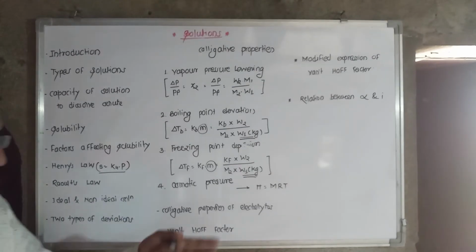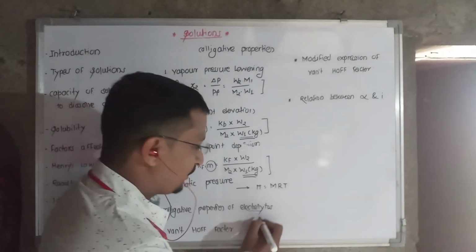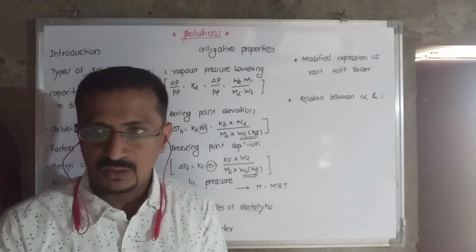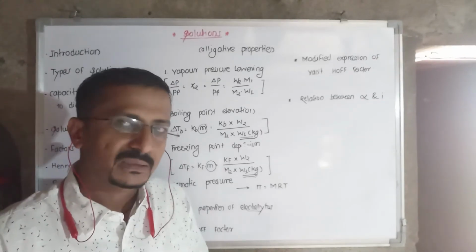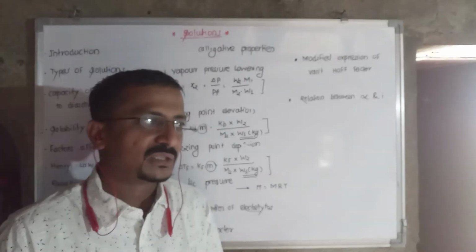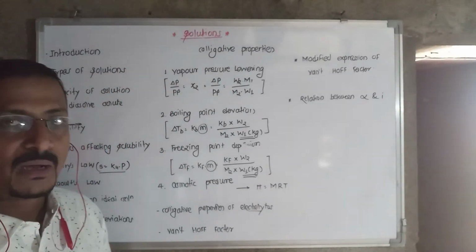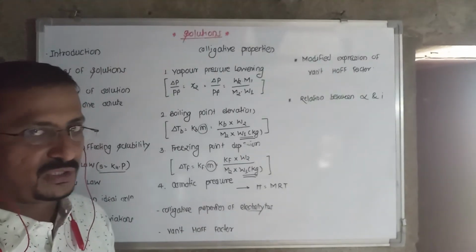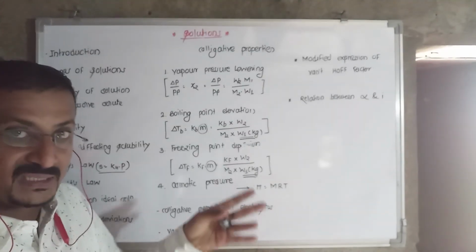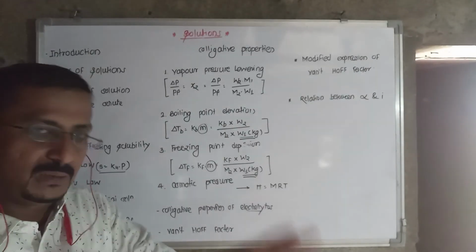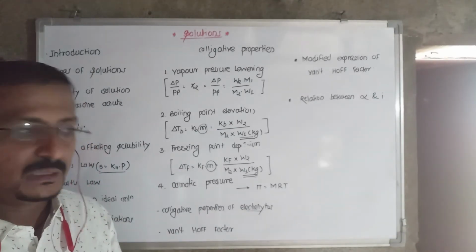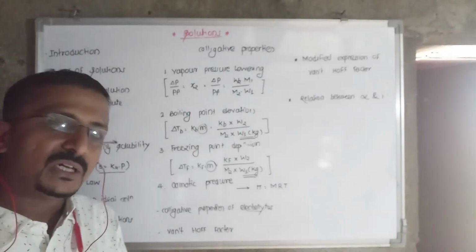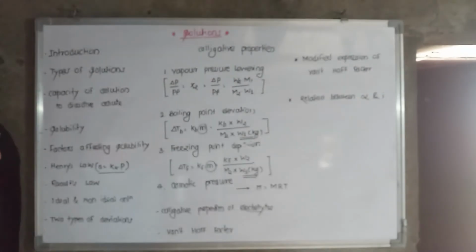Why? Because an electrolyte dissociates to form ions in water, but a non-electrolyte does not dissociate. The colligative property values depend only on the number of particles, so for an electrolyte the number increases and affects the colligative property, but for a non-electrolyte the number remains the same.